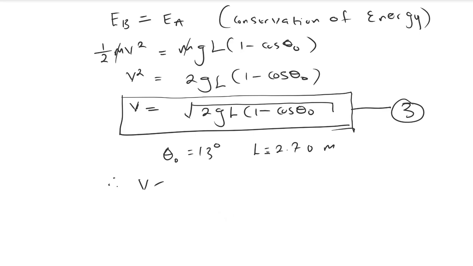Therefore, v is the square root of 2 times 9.81 times 2.7 times 1 minus cosine 13.